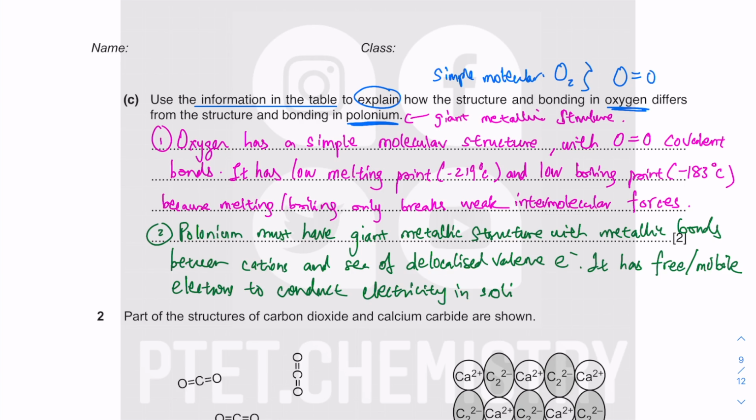I think I've written too much actually. I think if there's one thing I can skip, I can probably skip this explanation. Because for 2 marks, you really have to spend some time talking about the structure and the bonding and the data for oxygen. And you have to talk about the structure and the bonding and the data, which is to do with conduction of electricity in the solid state for polonium.